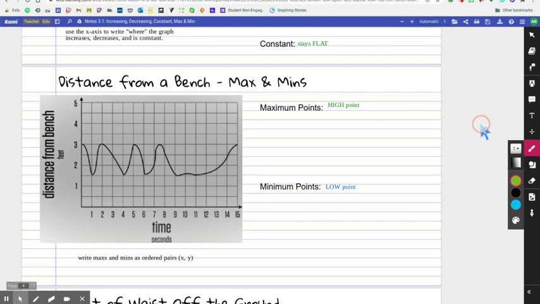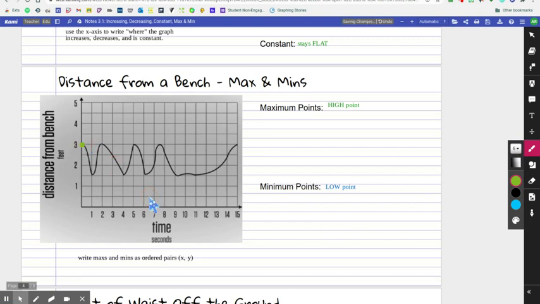Okay, so let's talk about maximum points. We're looking for where we see a peak of a mountain. See how my fingertips come together, we're looking for peaks here. So the first time we see a peak happening is at 0 seconds. Right here. Oh, it's because it's super tiny. So right here.